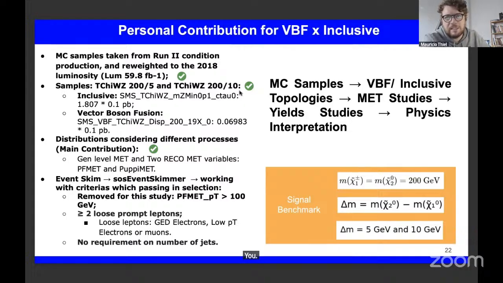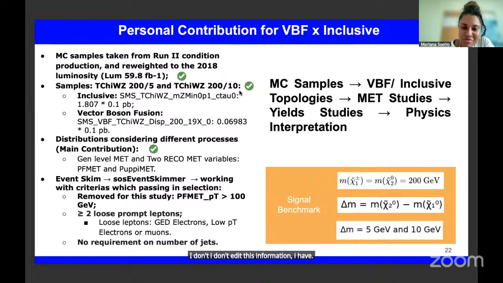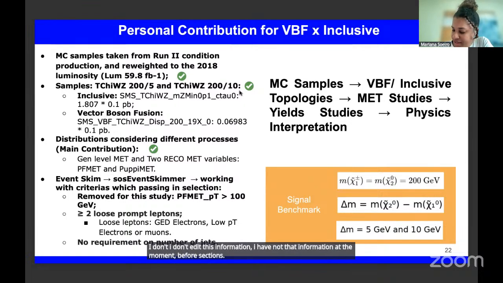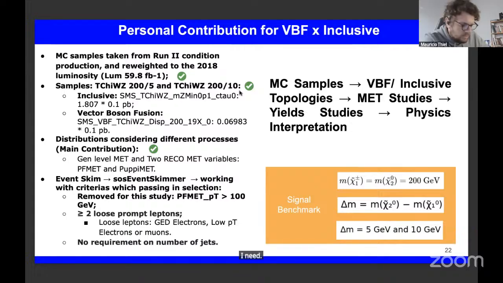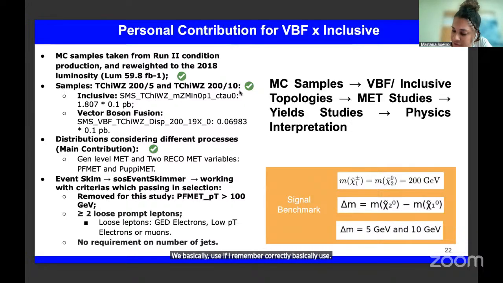You have a method that depends a lot on the cross section. Yeah, but I don't have that information in the first sections at the moment. I need to check. Is it a measured cross section or a theoretical cross section? Do you have some idea? If I remember correctly, we basically use one updated by the other group.